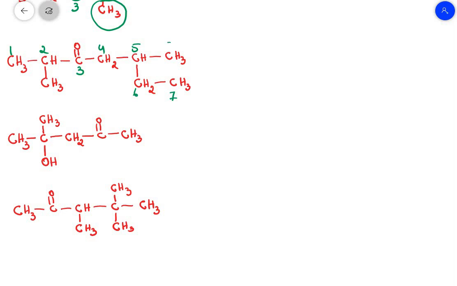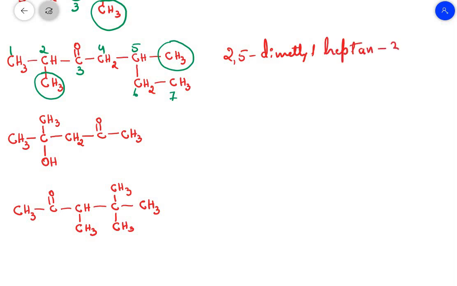At fifth position we are having one methyl group, and at second position we are having one more methyl group. So therefore the name of the compound becomes 2,5-dimethylheptan-3-one, because at third carbon we are having the functional group C double bond O.